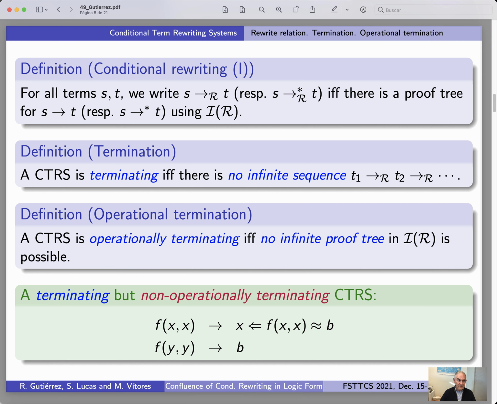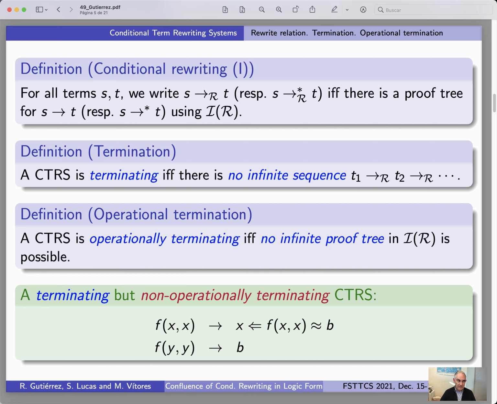The system is clearly terminating, as the so-called underlying term rewriting system associated to this conditional system has only two unconditional rules, which are obtained by just dropping the conditional part of the conditional rules. The right-hand sides of these rules cannot initiate any infinite rewrite sequence. On the other hand, the conditional system is not operationally terminating.